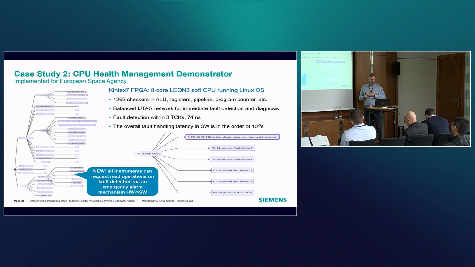In a matter of about 74 nanoseconds, we get the information about a fault which was detected in the logic before it escalated to registers, before it becomes an error, before it starts influencing the functional operations. So before failure, we can take care of the fault and correct it.